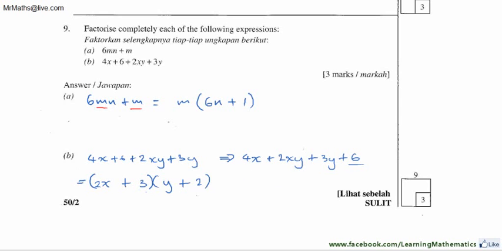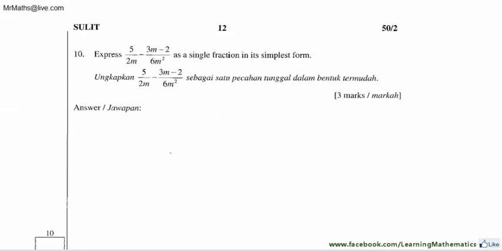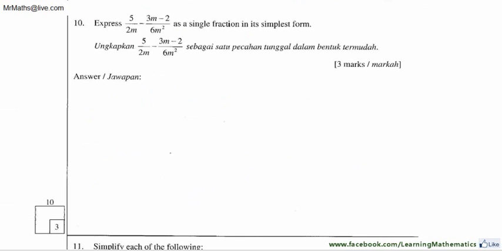Next question, number 10. Express 2 over 2m minus 3m minus 2 over 6m squared as a single fraction in simplest form. Alright. This carries 3 marks, quite a big mark. Okay, 2m minus 3m minus 2 over 6m squared.